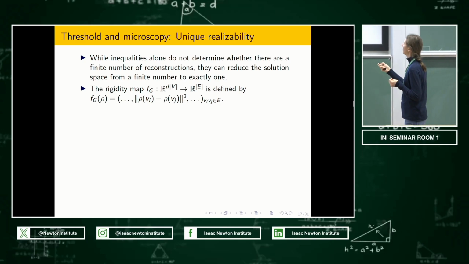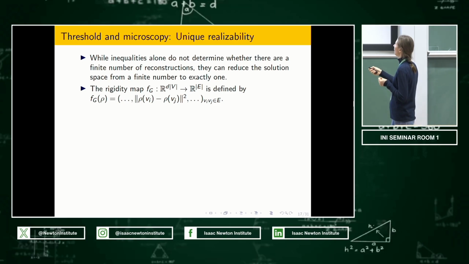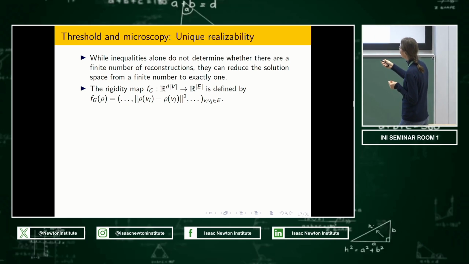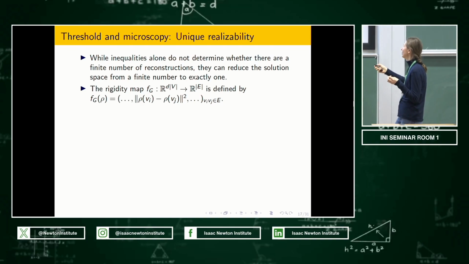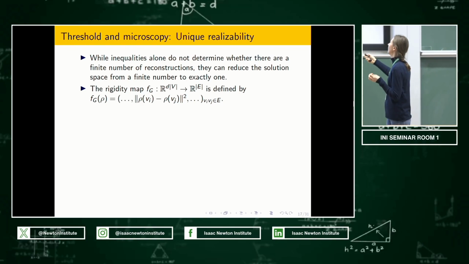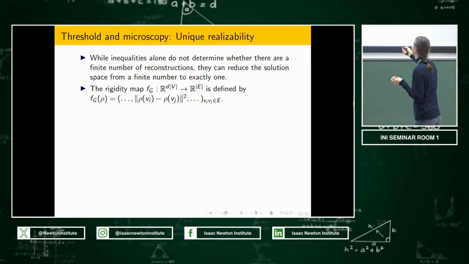So one object that plays a central role is something called the rigidity matrix. First, the rigidity map, before we go to the rigidity matrix. The rigidity map goes from the realizations of the vertices to the vectors given by the edge lengths.